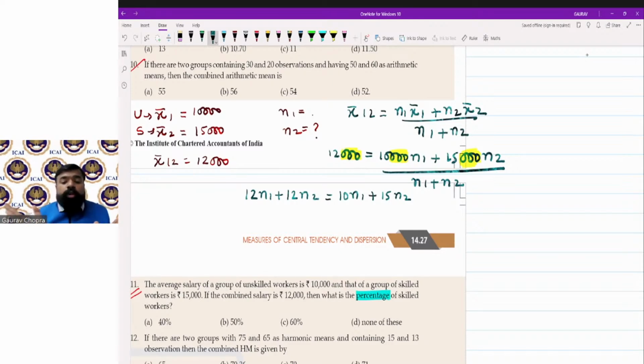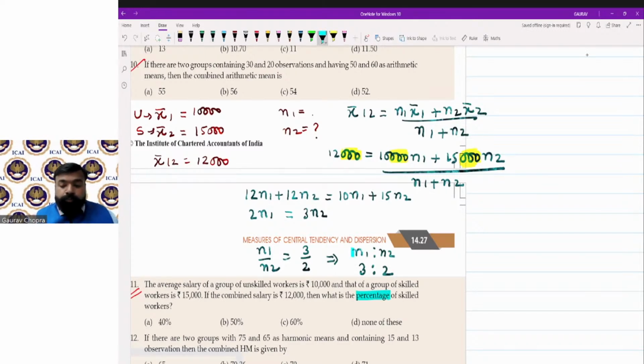Now take n1 on the left side, n2 on the right side. So 12 minus 10 is 2n1 is equal to 3n2. From this, we can make a ratio: n1 upon n2 is equal to 3 by 2. So the ratio n1 to n2 is 3 is to 2.